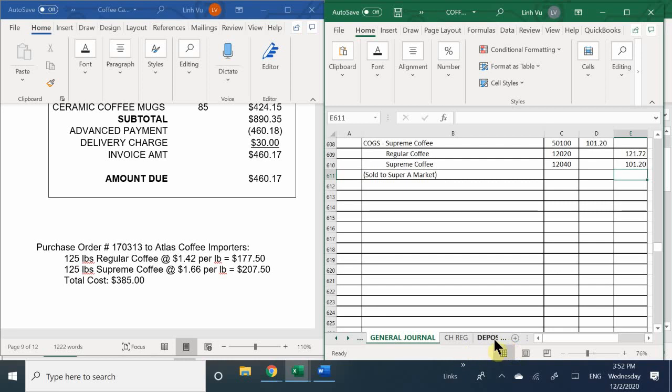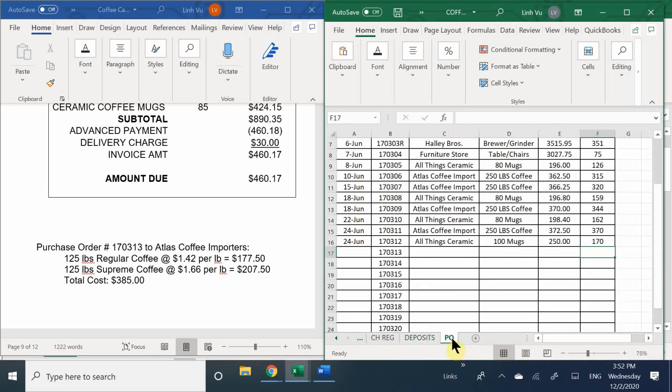So this one right now, we just have to add it to the purchase order. Yes, we're just adding it. Ordering, so 627. Atlas coffee, $250 of coffee.